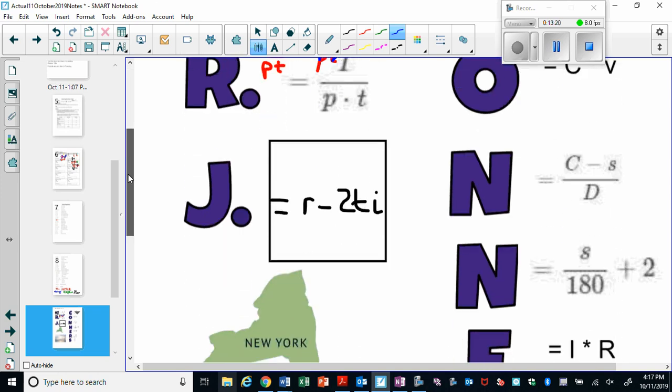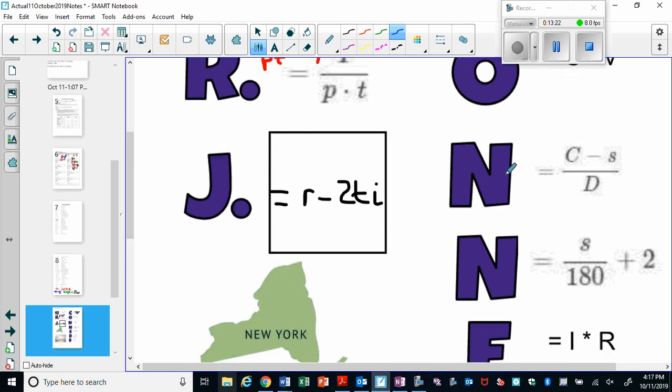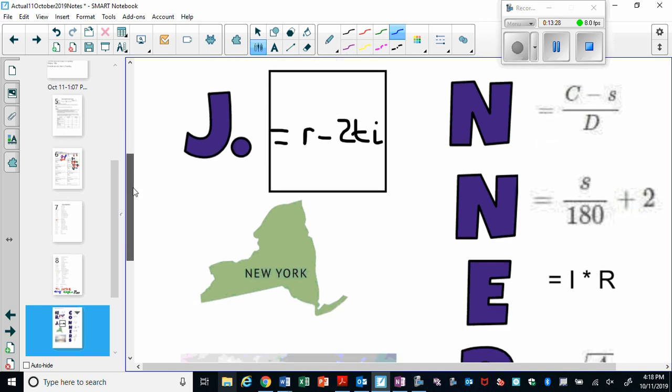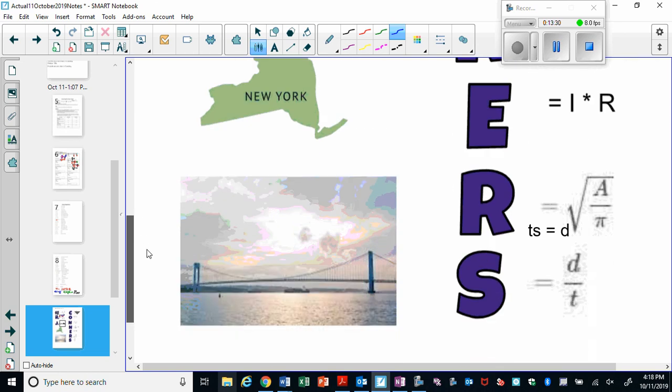And similarly, I had a couple of letters that repeated. I had a couple of R's along with a couple of N's. And then I had this last one.